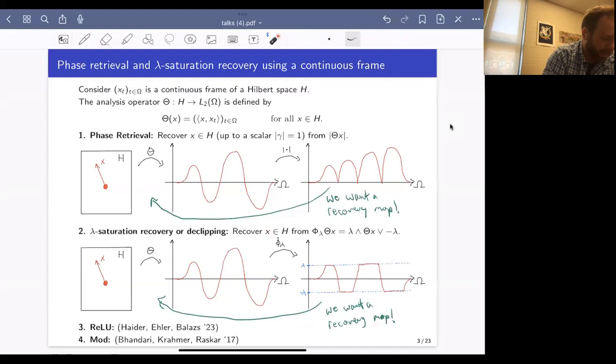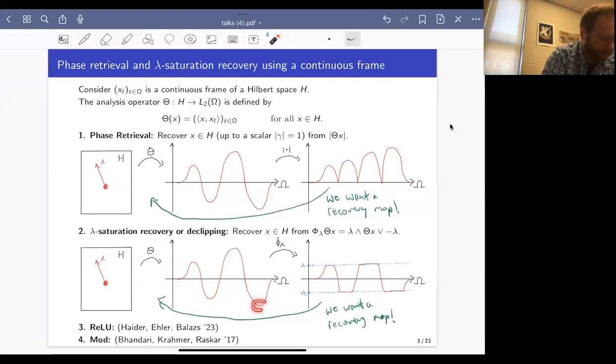And in this paper and a bunch of other papers, they looked at the mod function and considered this problem in that context, where with saturation recovery, I clip the signal, but with the mod function, what'll happen is when my signal goes up to this lambda, it'll jump back down to here. And so what'll happen is instead of getting this clipped part, this mod function is going to recover what the peaks look like.